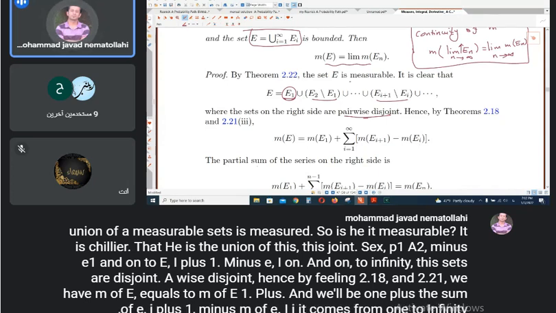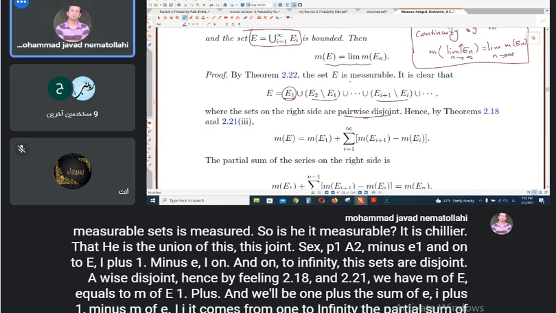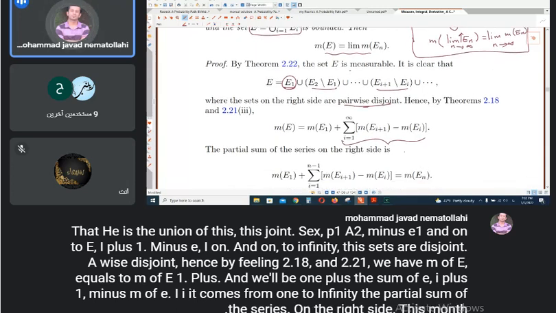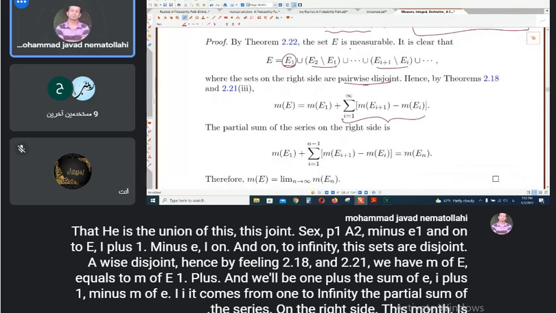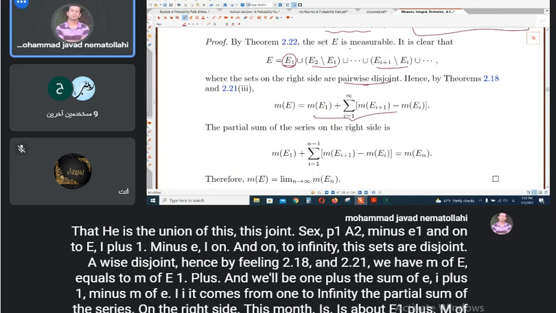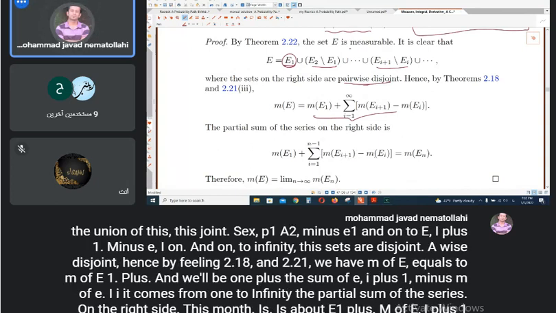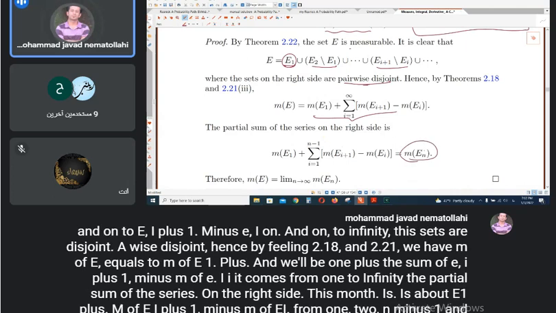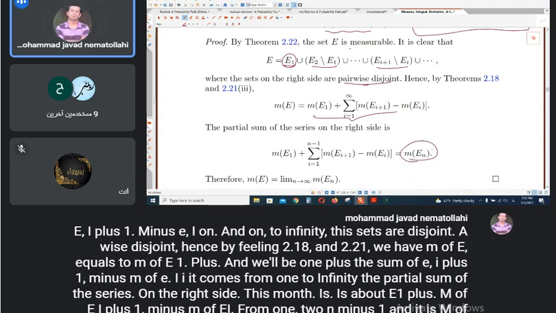The partial sum of the series on the right side is M of E_1 plus the sum of M of E_{i+1} minus M of E_i, i from 1 to n minus 1, and it is M of E_n.